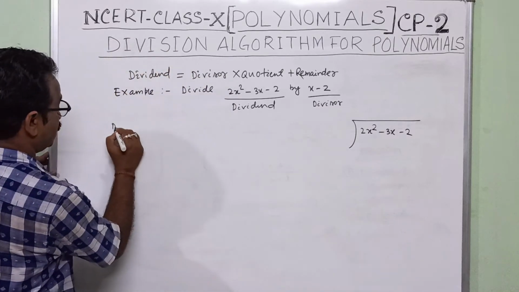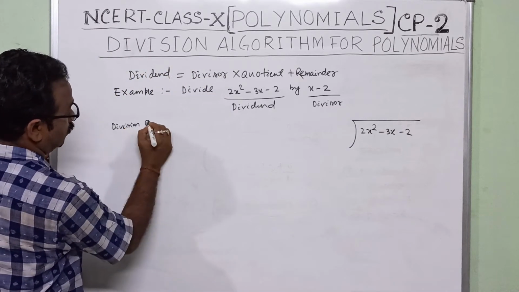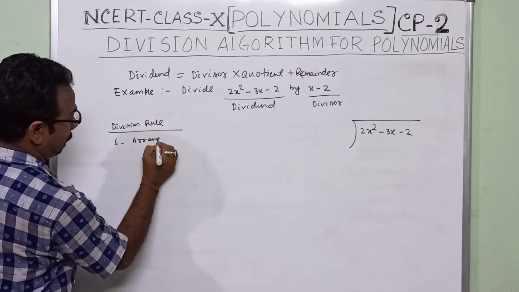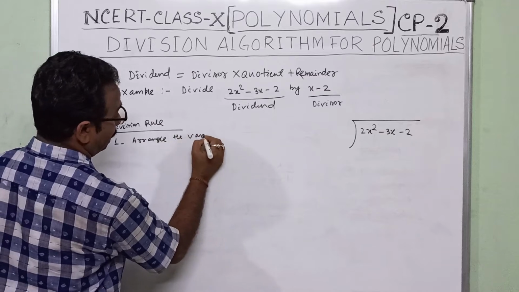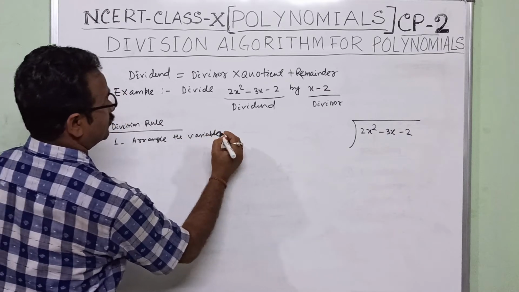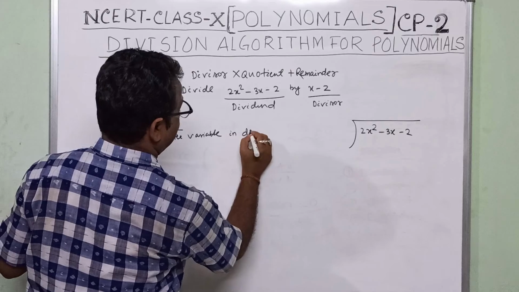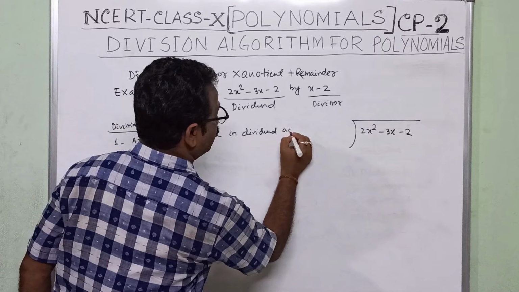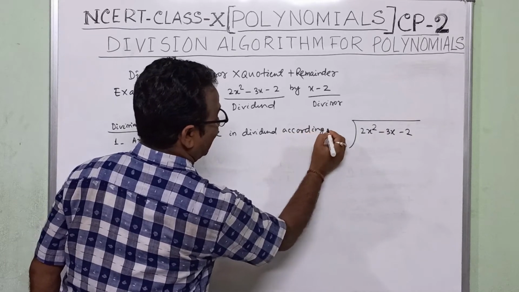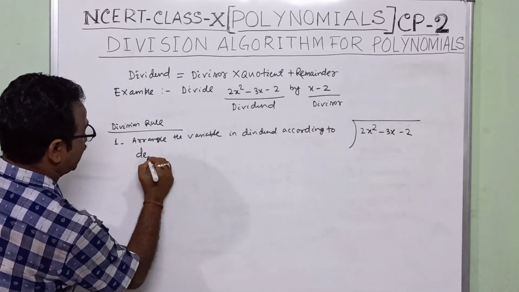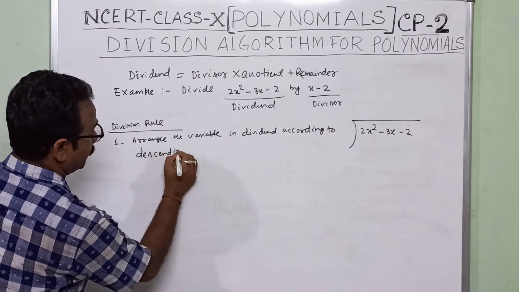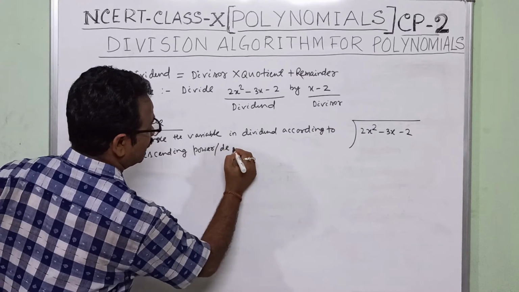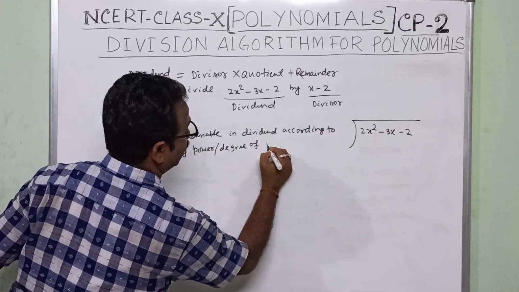First division rule. Number 1: arrange the polynomial in the dividend according to the descending power or degree of the variable.